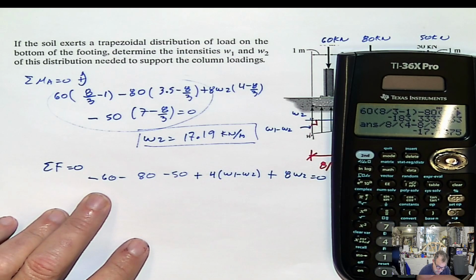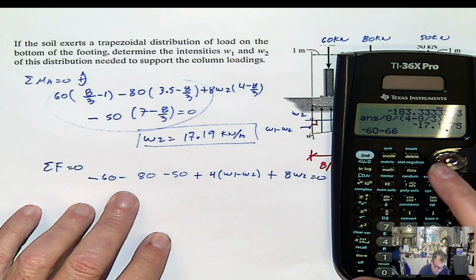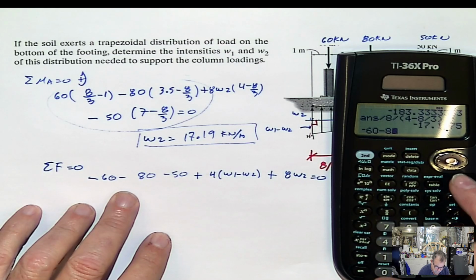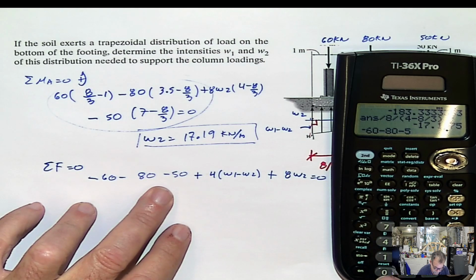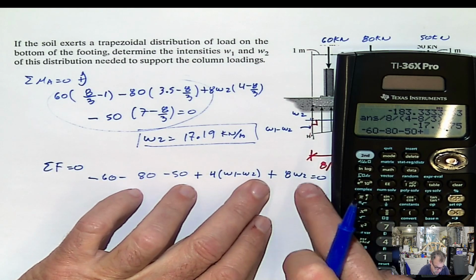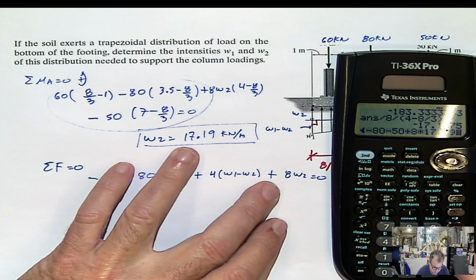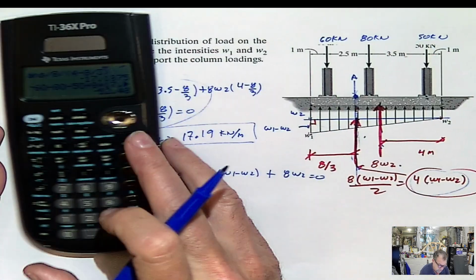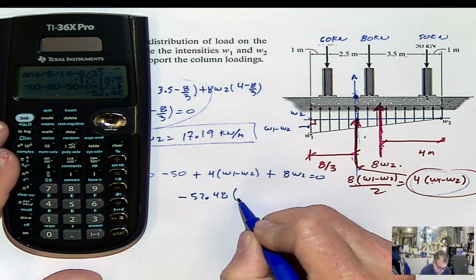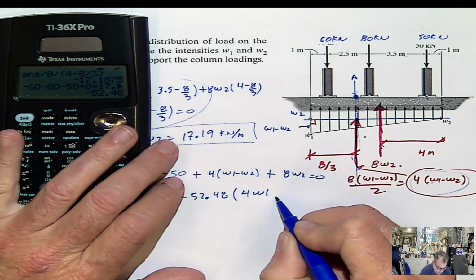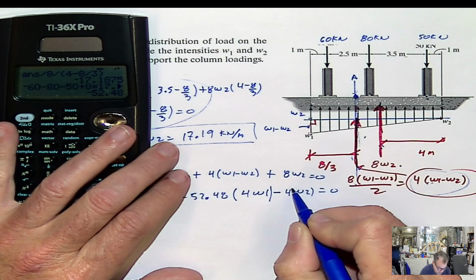So I'm going to put negative 60, negative 80, negative 50, plus 8 times 17.19. That's going to be negative 52.48 plus 4W1 minus 4W2 equals 0.